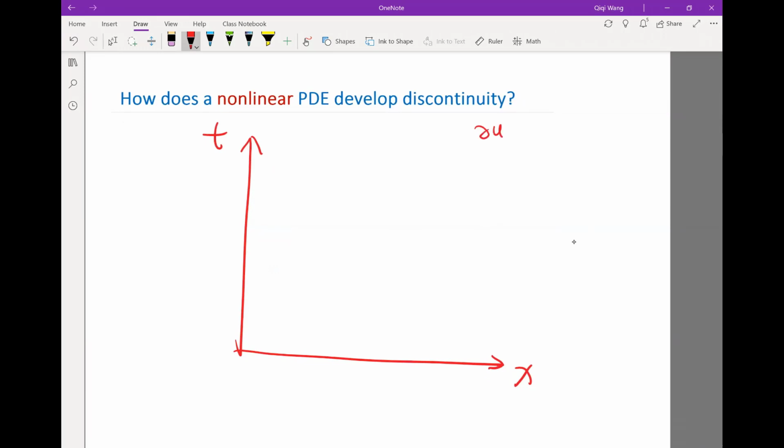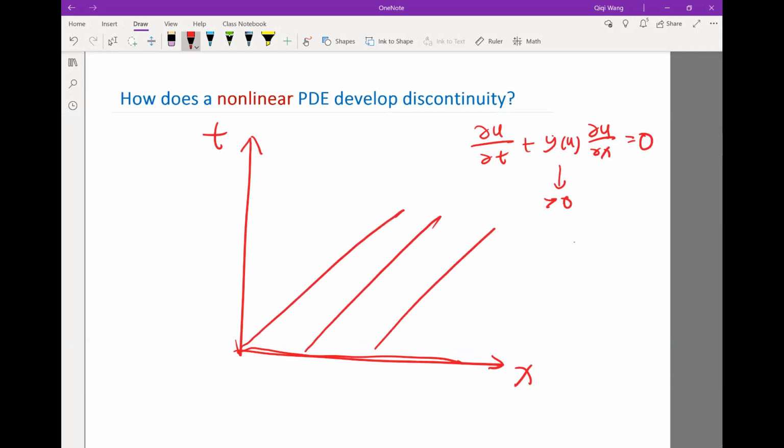We have du dt plus g of u du dx equal to 0, and this g of u is greater than 0. If I have an initial condition, how would the contours go? It goes up and to the right. Everything goes towards the right, exactly. The slope might be different, but it always goes towards the right.